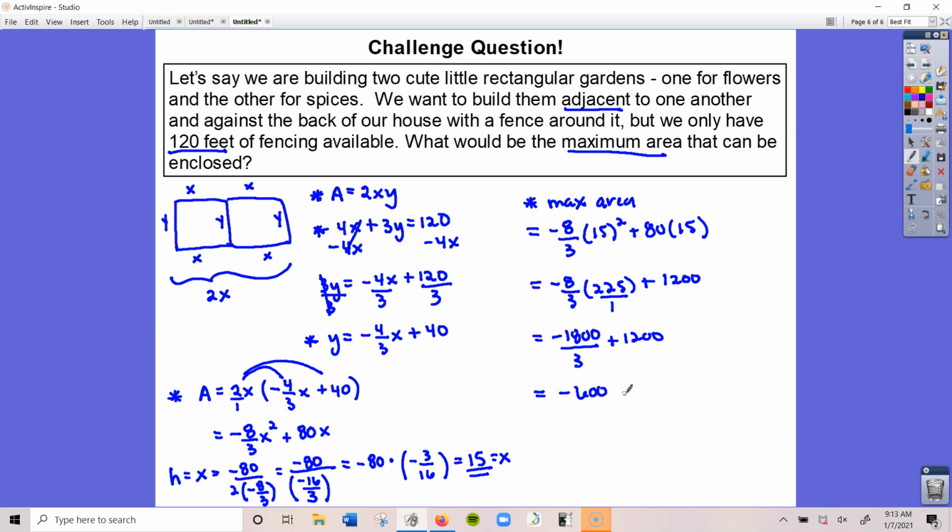And negative 600 plus 1200 is equal to 600, and our units would be square feet. And that is how you maximize and minimize area and use quadratic equations and quadratic functions in other applications.